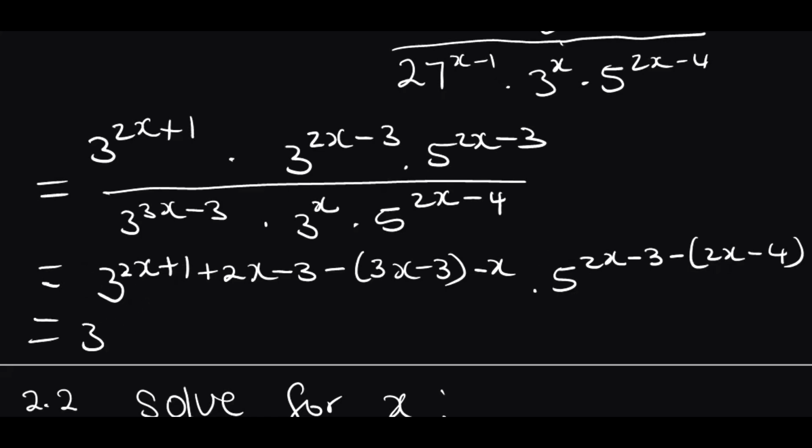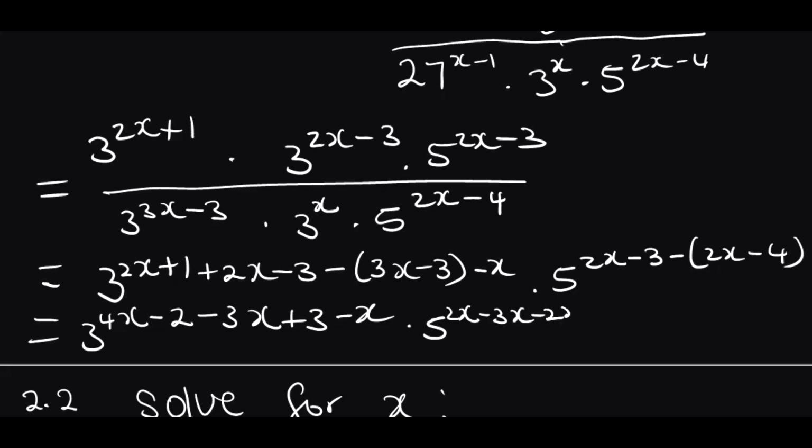We will have 3 to the power, this 2x and this 2x gonna be 4x, 1 and 1 minus 1 minus 3, there is minus 2, a minus 3x plus 3 is negative, then minus x times 5 to the power 2x minus 3x minus 2x plus 4.